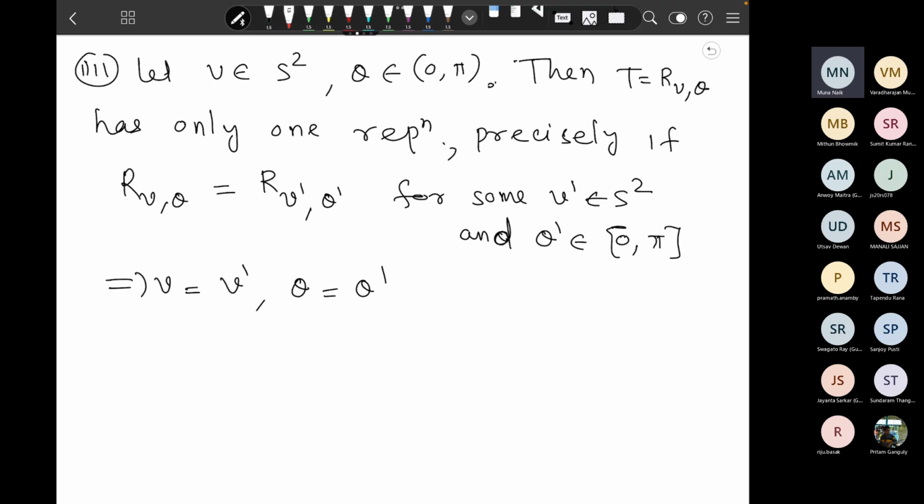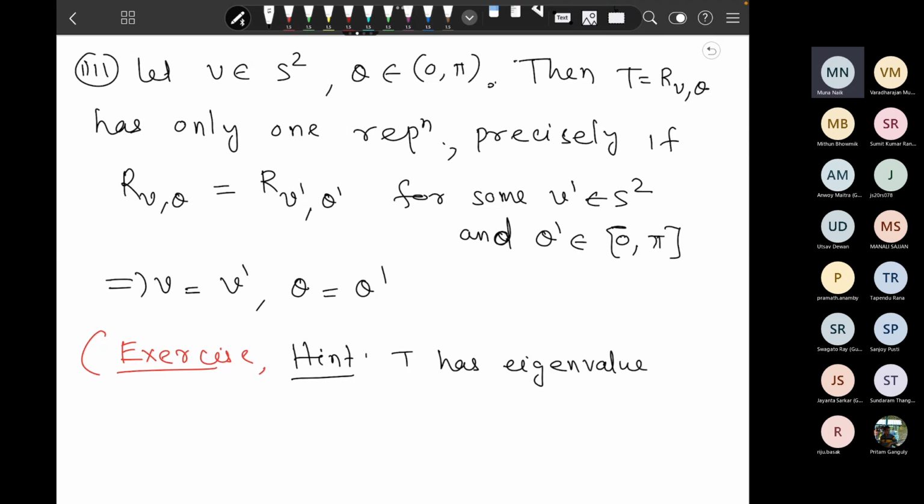I will leave this and just give a hint, because this is easier to do. Since theta is strictly between 0 and pi, T has eigenvalues 1, e to the power i theta and e to the power minus i theta.